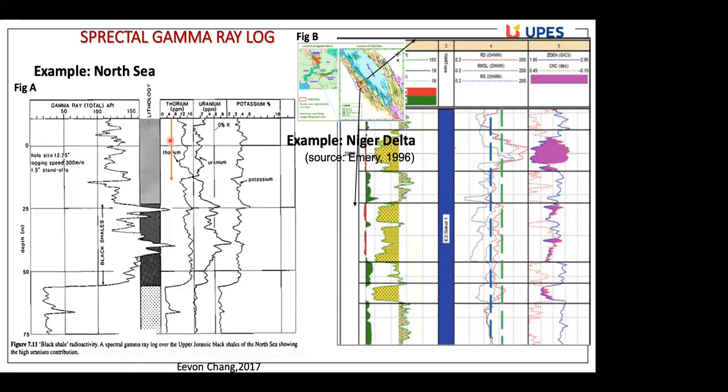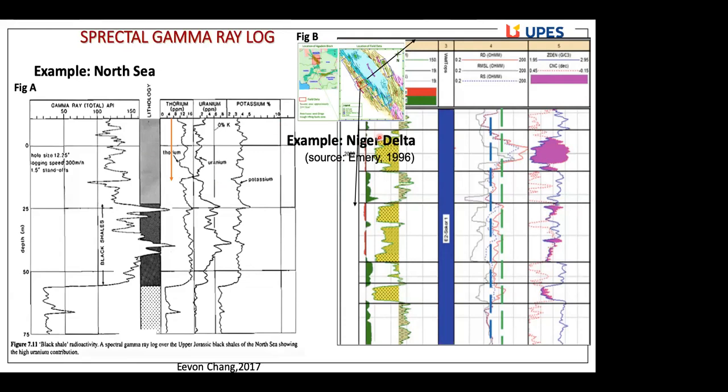Spectral gamma ray is the log particularly used when you are working in carbonate rocks or unconventional shales. Radioactivity caused by thorium and potassium is linked to clay content, while radioactivity caused by uranium can be associated with organic matter. It can also be associated with diagenesis and dolomitization.